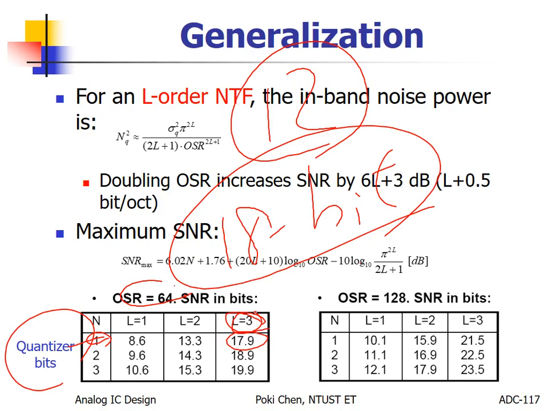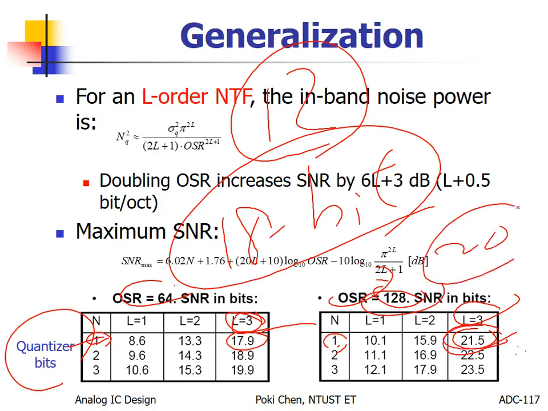Okay, if we move further, if we increase the oversampling rate 2 times more, from 64 to 128, wow! Again, even with only 1 bit quantizer and third order modulation, we get more than 20. So this is the reason why for oversampling, noise shaping ADC, if experienced designers cannot achieve the ENOB better than 20, I guess they will be fired by the company.